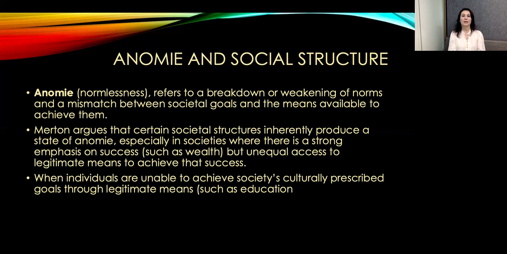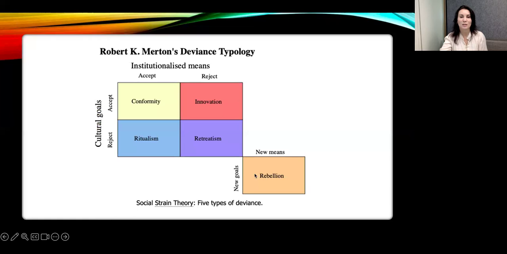When individuals are unable to achieve societal or cultural expectations, they end up doing things out of the norm, or against the norms established in institutions. That is called Robert Merton's deviance typology.